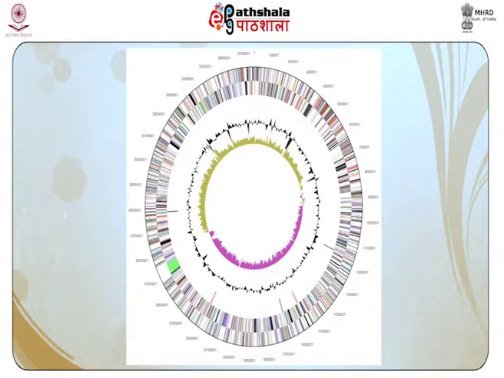A genetic map is based on the frequency of recombination during crossover of homologous chromosomes. The more recombination between the markers, the greater the distance between them. The lower the recombination between markers, the lesser the distance between them.